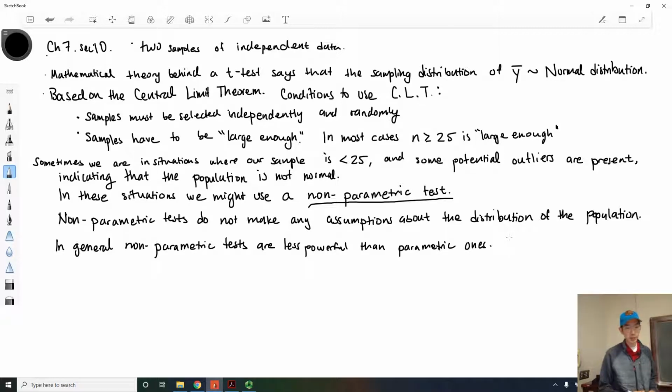What that means is basically you need more data to come to the same conclusion because you're not making any assumptions, and so for you to come to a conclusion requires more evidence. If you have strong assumptions to begin with, a little bit of data might be enough. You have a lot of assumptions, the data comes in and you go with them and you say, all right, this is what I'm going to conclude, right?